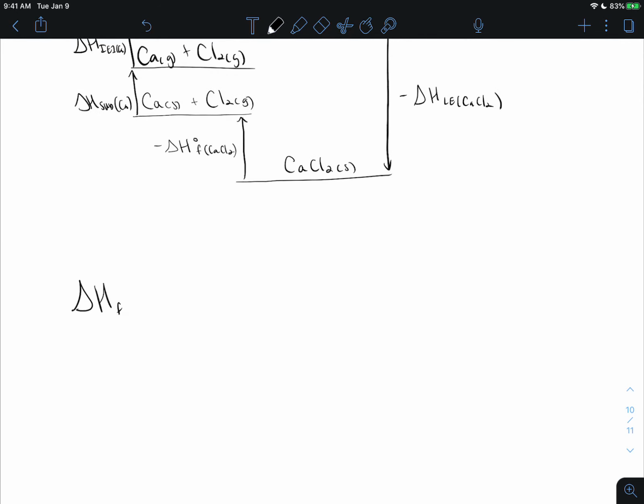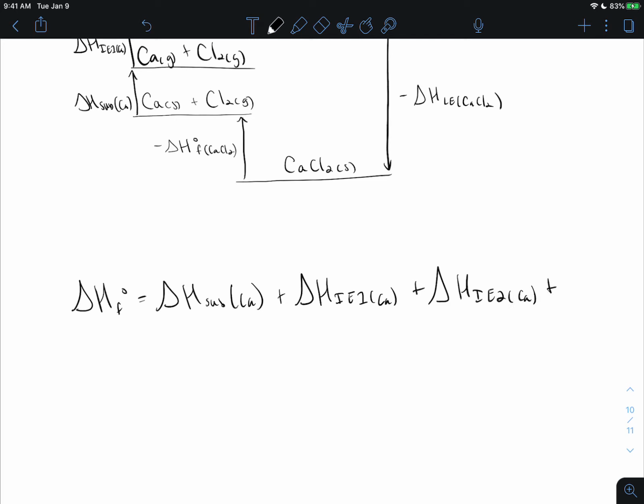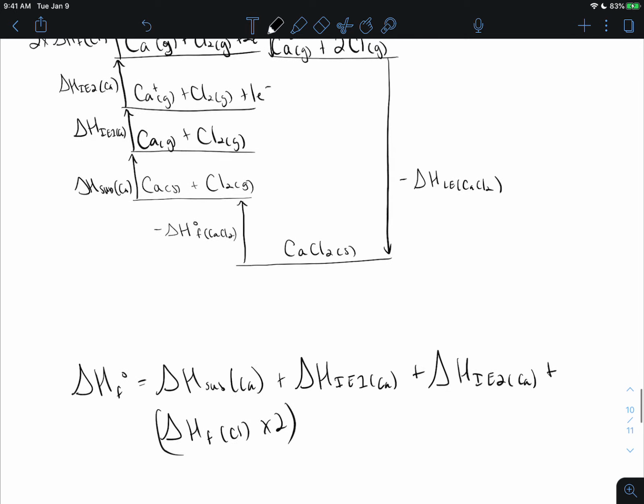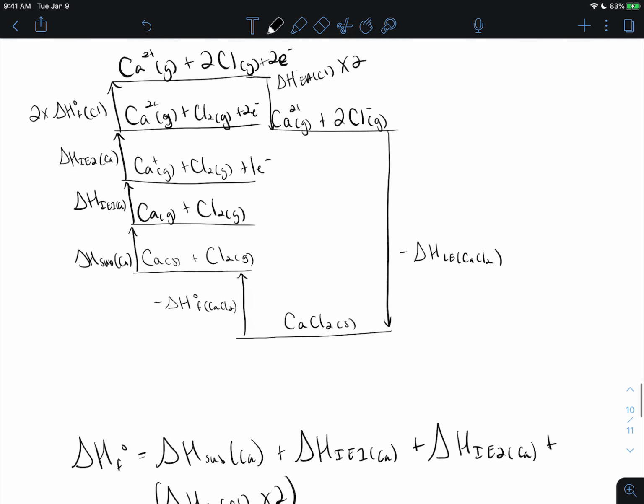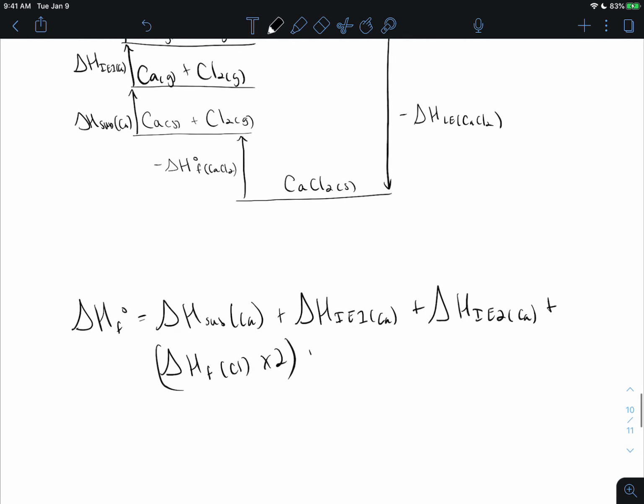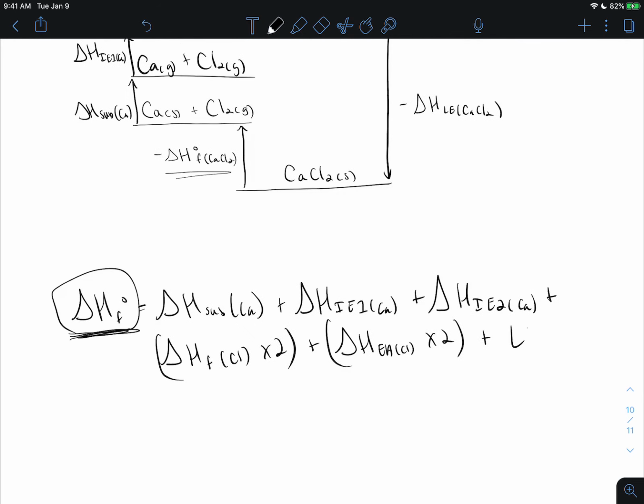So our delta H of formation is going to equal our sublimation energy for calcium plus our first ionization energy for calcium plus our second ionization energy of calcium plus our dissociation energy or formation energy of chlorine times by 2 because we have 2 chlorines plus our electron affinity of chlorine times by 2 because we have 2 chlorines, and then lastly plus our lattice energy.